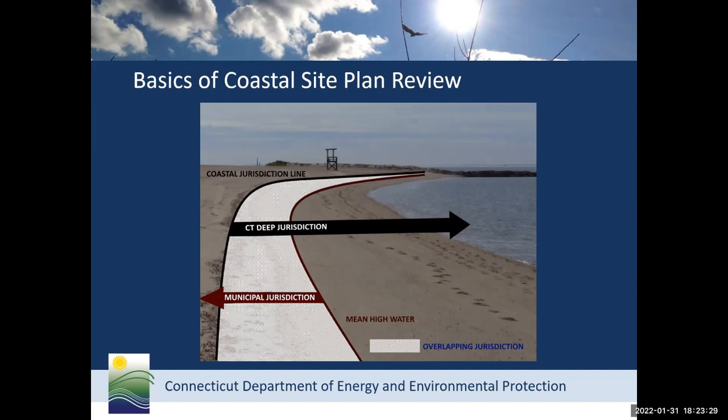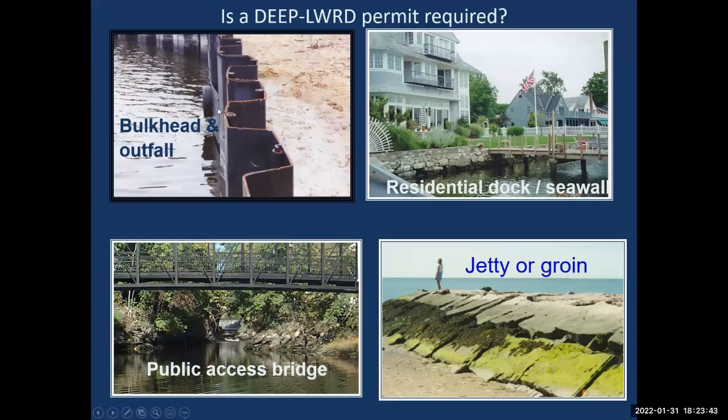So in an area like this on a beach, you could get a considerable area of overlap between those two jurisdictions, where we're both regulating the same swath of area. However, when you look at a bulkhead or a seawall, like in the upper right-hand corner with this rock seawall, the coastal jurisdiction line and mean high water are going to line up such that they're going to be on top of each other, basically.